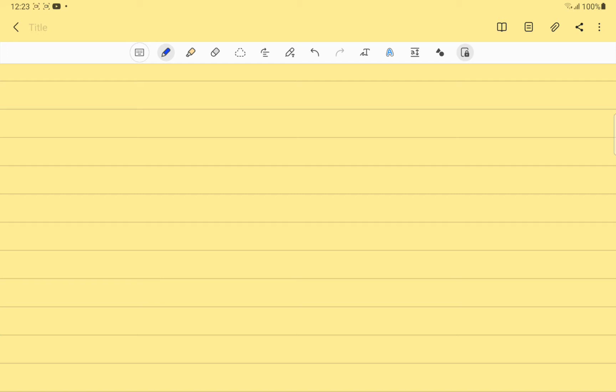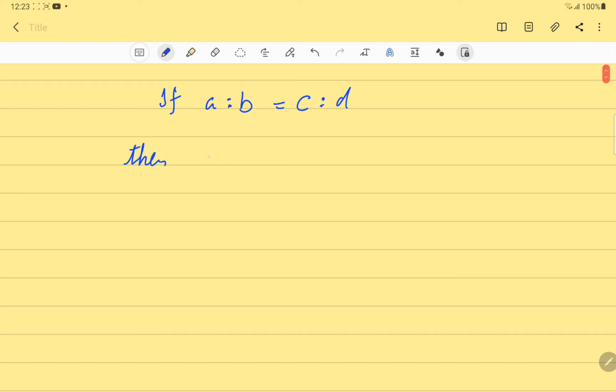This theorem is something like this: if A ratio B is equal to C ratio D, then we can write (A plus B) over (A minus B) is equal to (C plus D) over (C minus D).